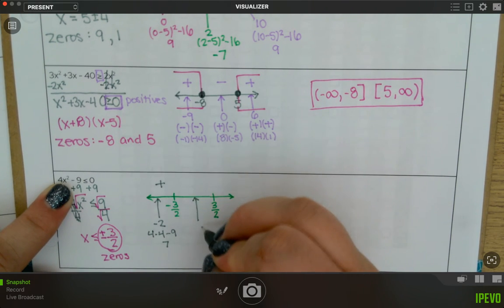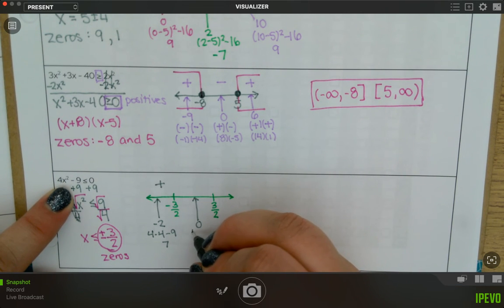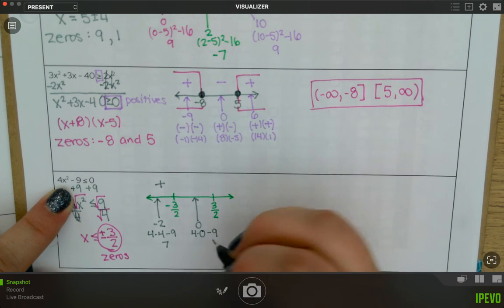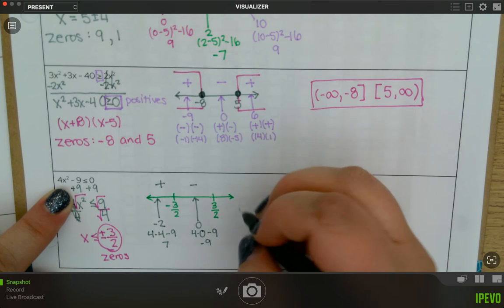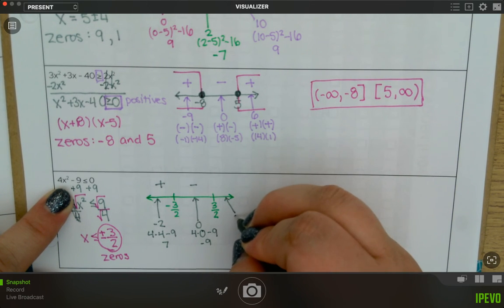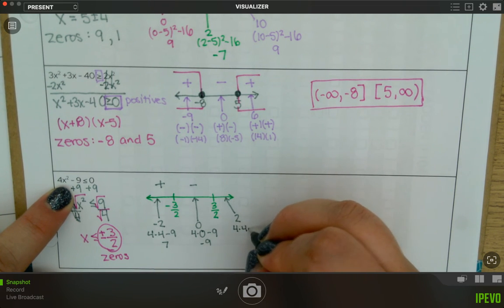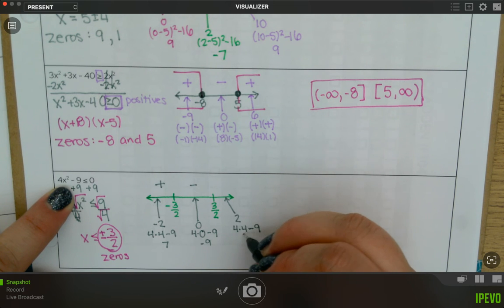I can plug in 0 between -3/2 and 3/2. And that's going to be 4 times 0 squared is 0 minus 9. 0 minus 9 is -9. And I'm going to pick +2 over here. 2 squared is still 4. That's where I'm getting this 4 right here from.